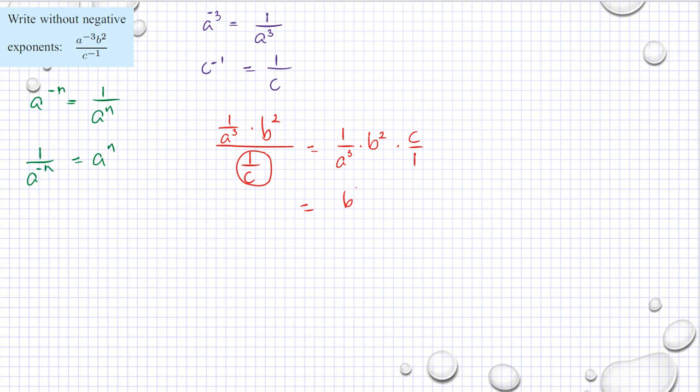Then we have b squared multiplied by c divided by a raised to 3. So if we kick this one down and kick that up, you can have this b squared. You don't need to do anything with b squared because it's already positive.